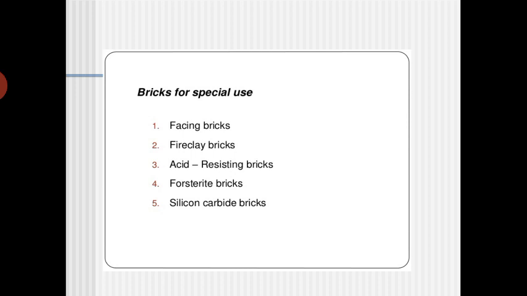Then forsterite bricks. Normally these forsterite bricks are made up of alkali introduced type of bricks. So means alkali or the sodium hydroxide is added in the mixture, so as to strengthen the different types of bricks. So forsterite bricks means, in these bricks along with a clay material, they are going to mix the sodium hydroxide.